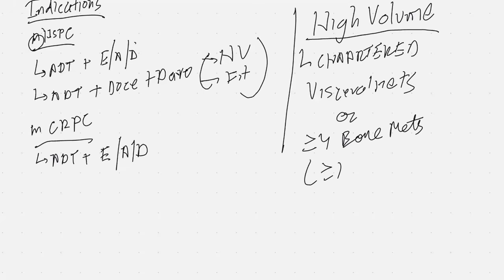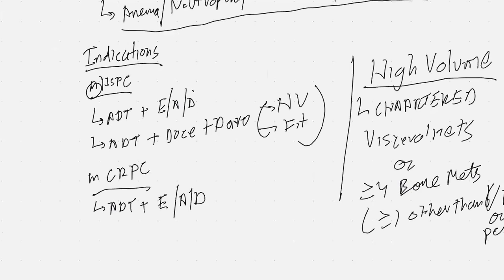So, other than vertebral body or pelvis. That is high volume disease. Usually, if you have a high volume metastatic hormone sensitive prostate cancer and the patient is fit, you would want to give a triplet therapy. That is the current standard of care.